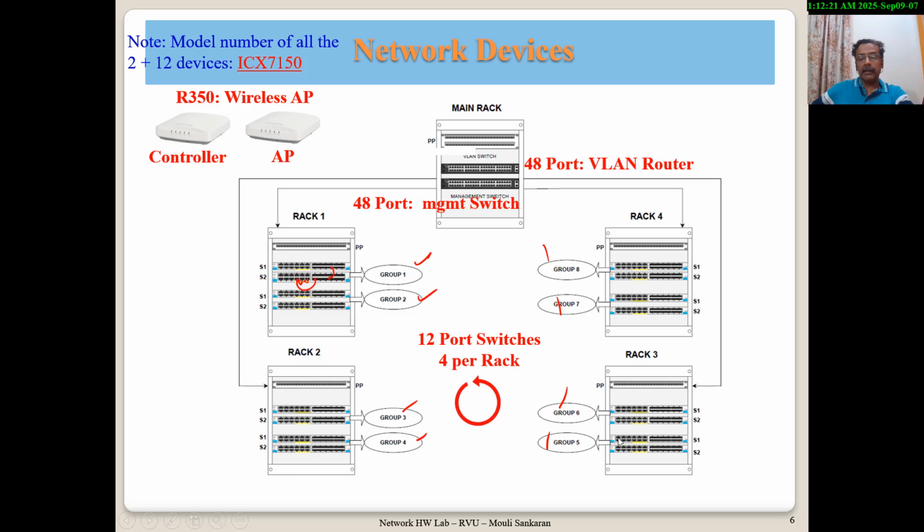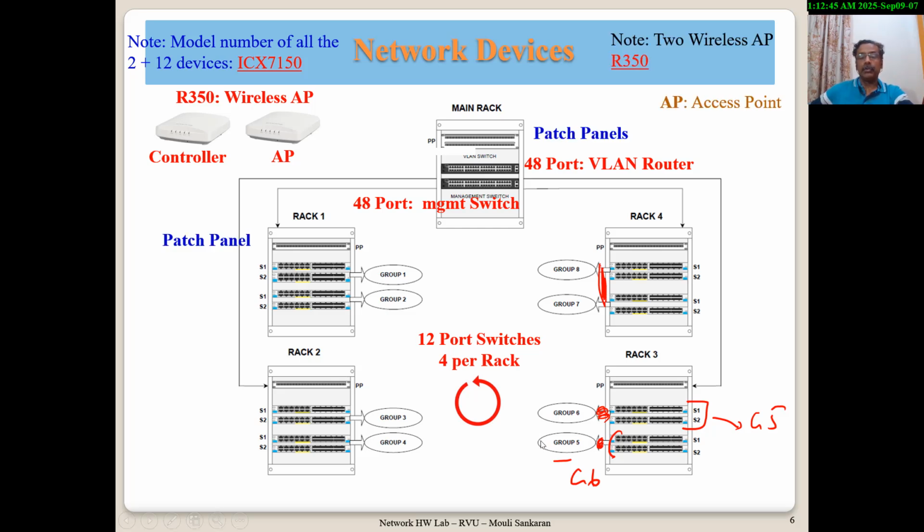One thing you should understand is that you will be connecting to this one. This will be used by group 5, and these two devices are used by group 6. This arrow mark is wrongly highlighted. I will show you in the next picture what it means.